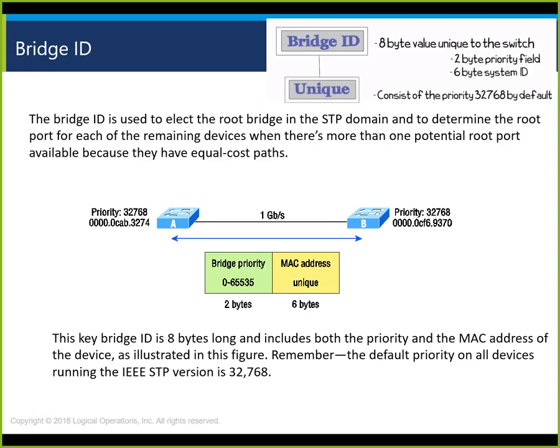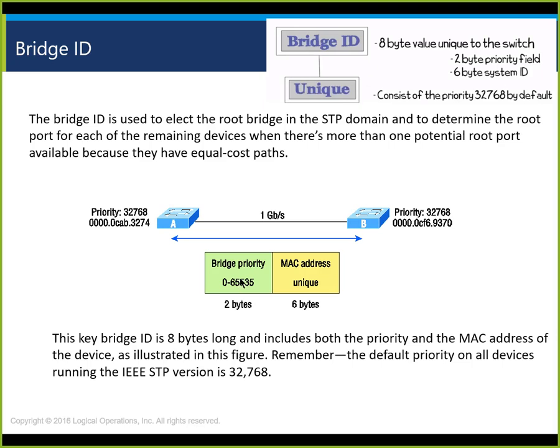We have root bridge, the loop-free path to the root bridge, root port, the port that it goes out of to get to the root bridge, and designated port, a term that's not been introduced yet, the port that the root port connects to.